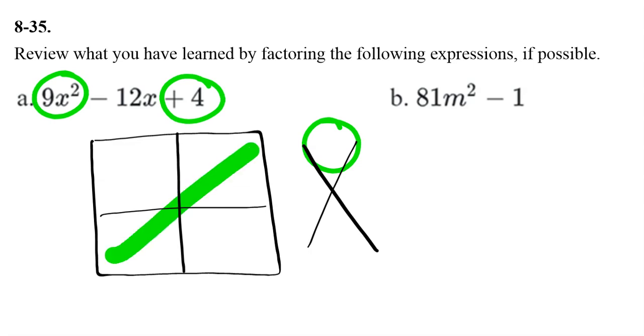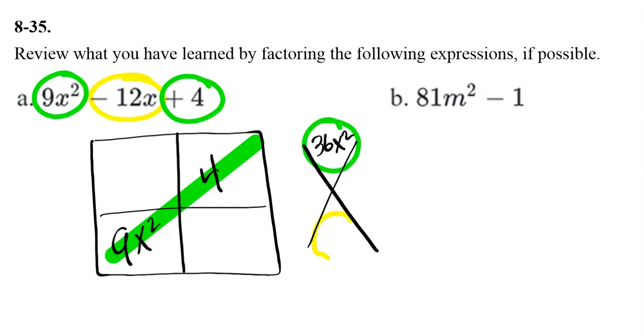So that's 9x squared, and then this is 4, and 9 times 4, that's 36x squared. Then you take that middle term, and that's what's going to go right in this space. Let me redo some of this here.